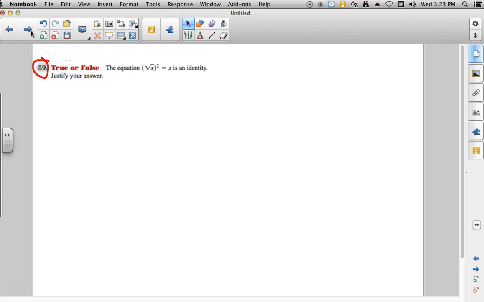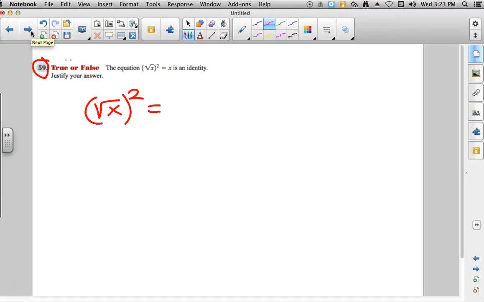Now 77, skipped 59 here. The equation, the square root of x squared equals x, is an identity. Justify your answer. Well, let's see here. Here's what we know: the square root of x squared is really the square root of x times the square root of x.